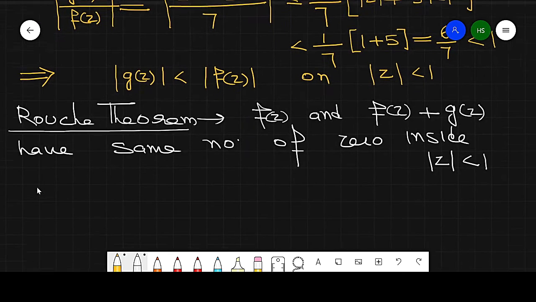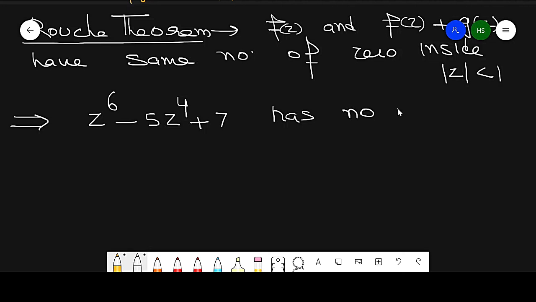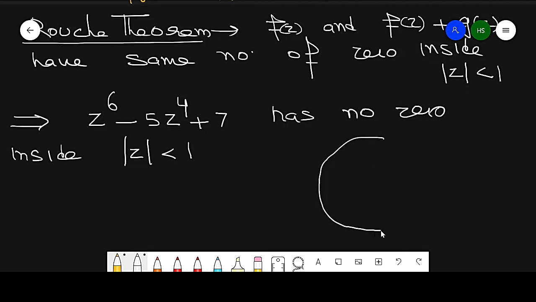Then it implies the given function z raised to power 6 minus 5 z raised to power 4 plus 7 has no zero inside the circle modulus of z less than or equal to 1. So this is a very important result.